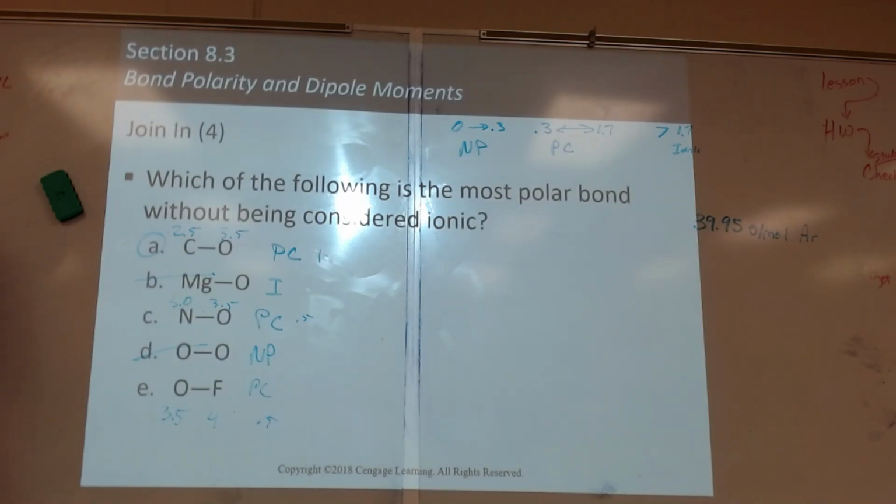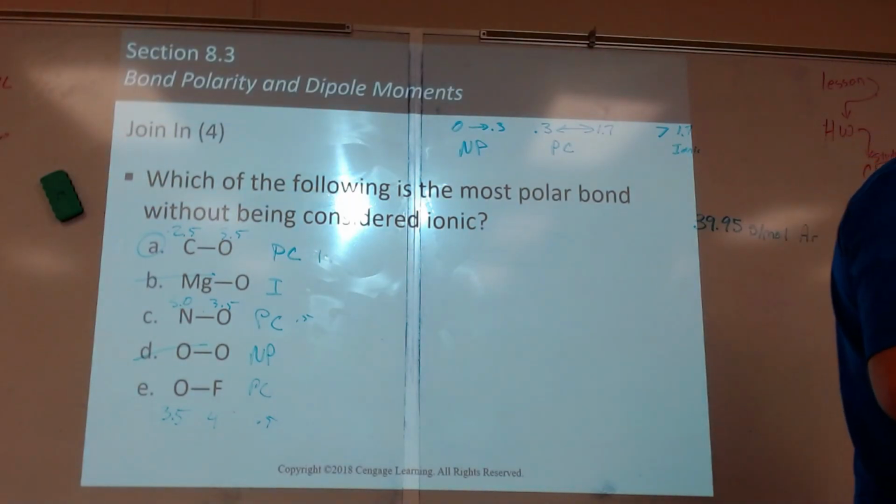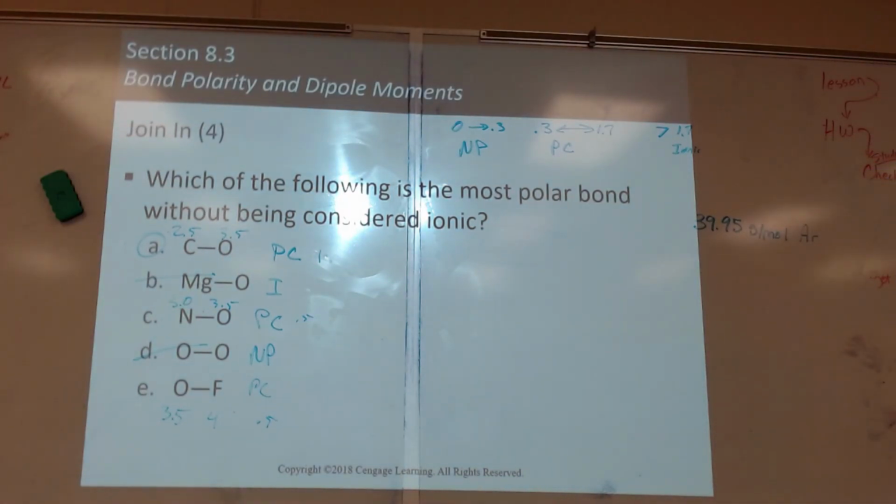Yes? How did you, like, I don't understand how you immediately know it's a polar covalent. Because it's a diatomic, and they're 2 different ones. I know for a fact, so we talked about this the last time. The only true covalent bonds are the diatomics.